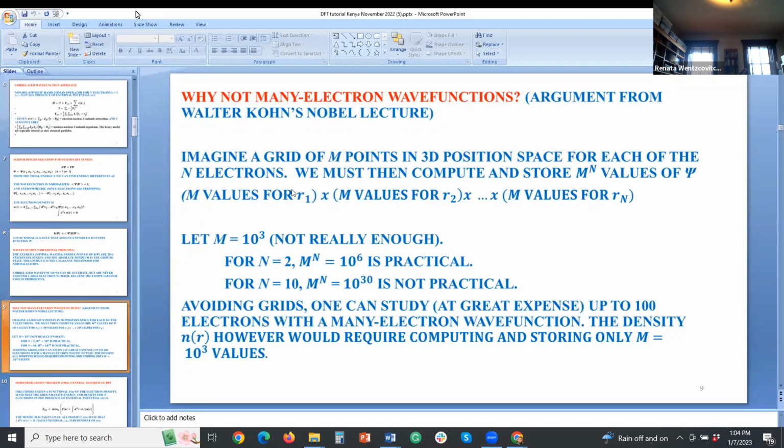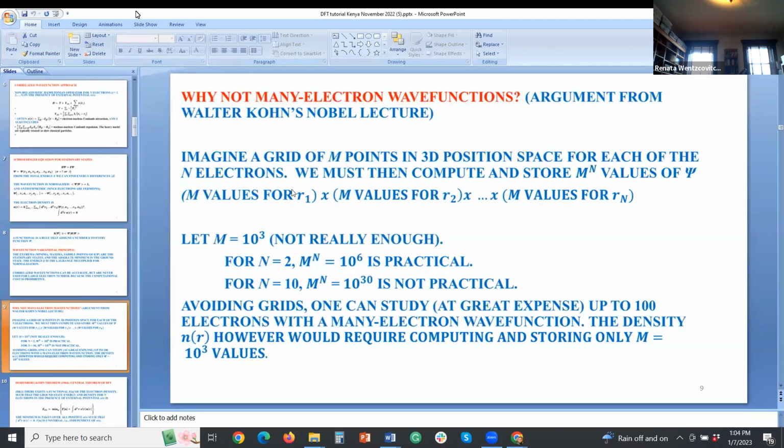Now, if we have a 2-electron system, n is 2, and m to the n is 10 to the 3 to the power 2, which is 10 to the power 6. And that's practical; computers can compute and store a million numbers. But if we have a 10-electron system and n is 10, then m to the n is 10 to the 3 to the power 10, which is 10 to the power 30. That's not practical for computers. Computers cannot compute and store that many numbers.